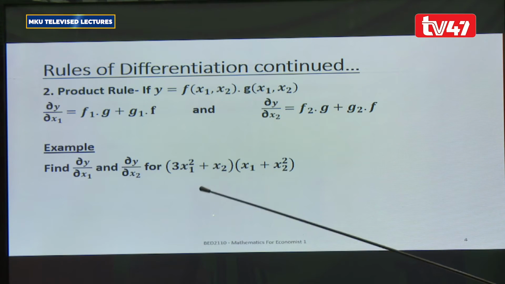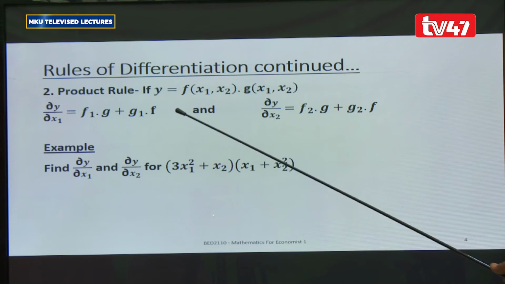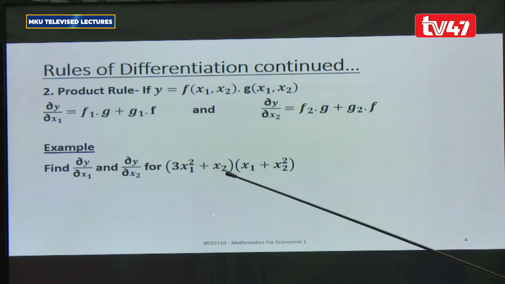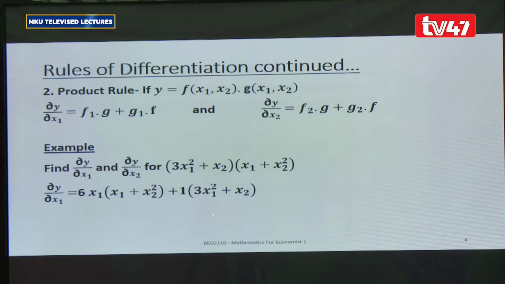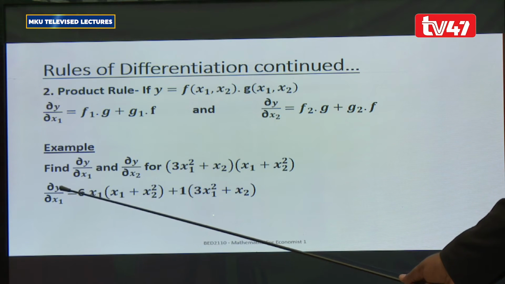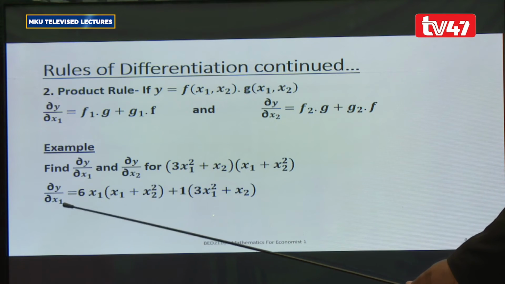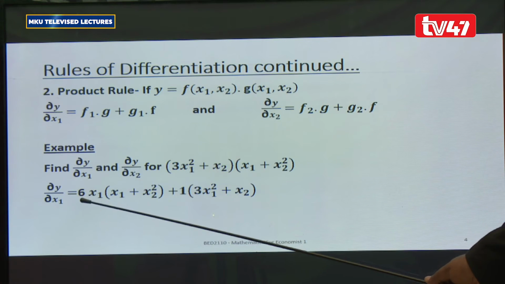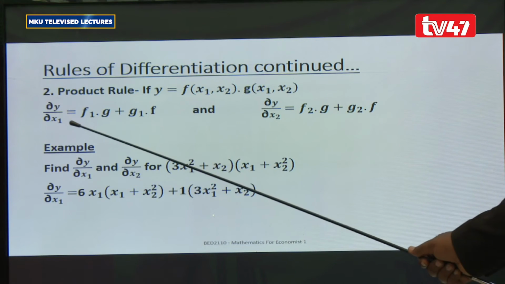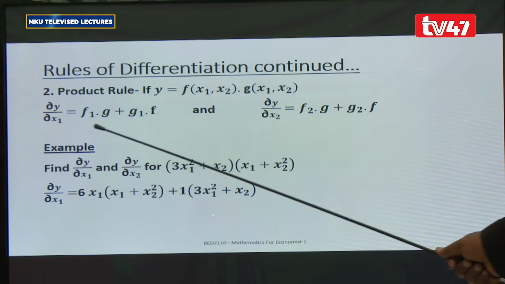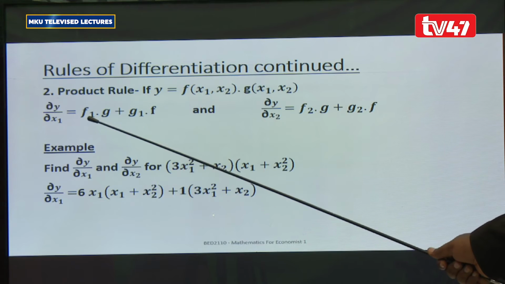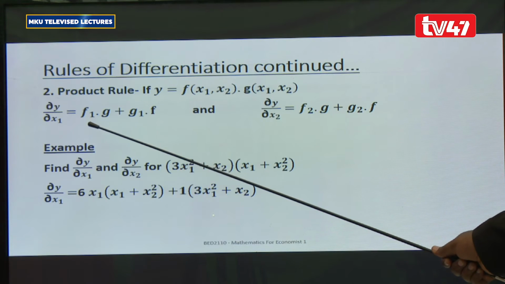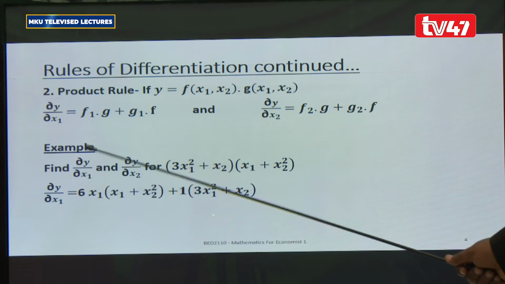Now, if you look keenly from the definition of a product rule, this function is multiplied by this function. So we use the product rule as follows, that dy with respect to dx1 is calculated by using this first rule here, f1 g, and f1 in this case is the partial derivative of the first function with respect to x1.